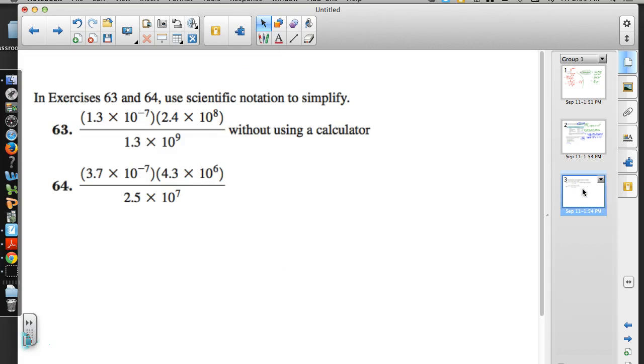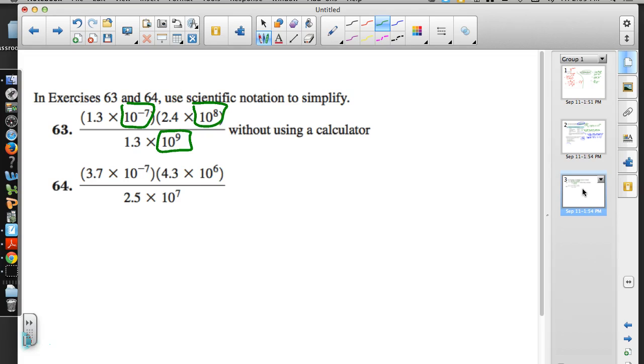Then for 63 and 64, we want to do this without using a calculator. So what we're looking for is things that we see in common in the numerator and the denominator. First of all, we've got all kinds of times 10 to the going on here.